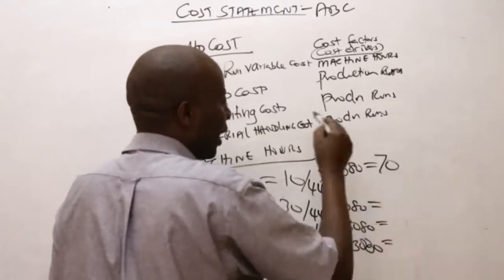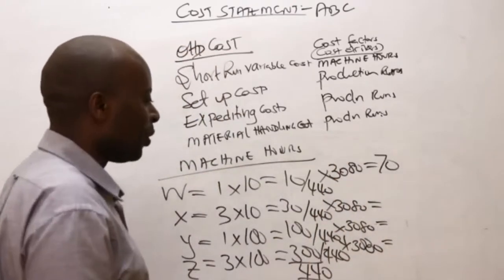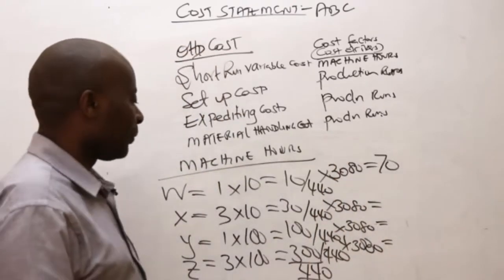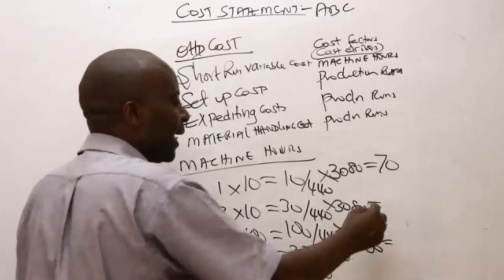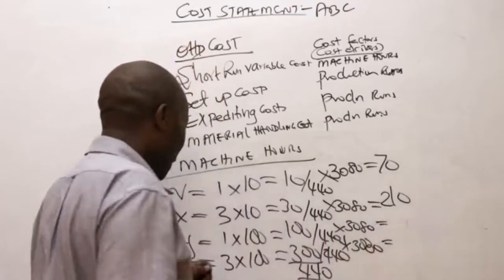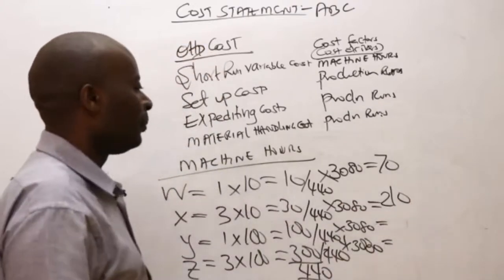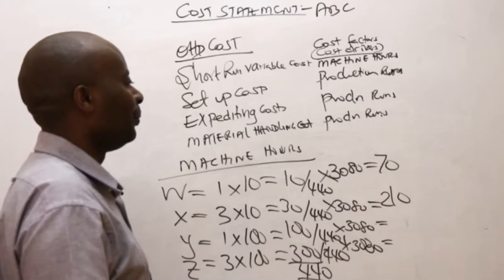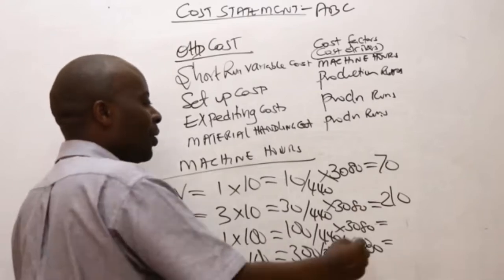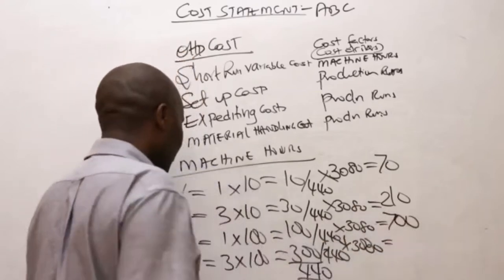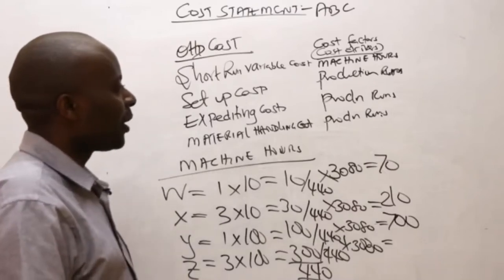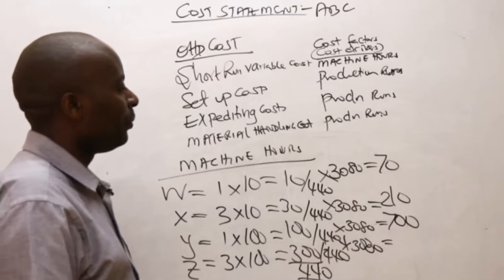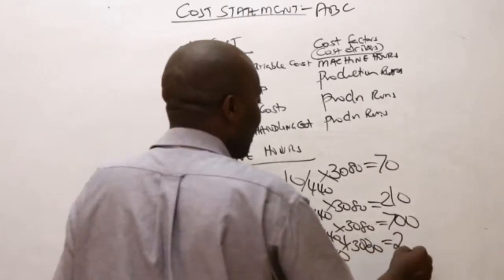How about the second figure? The second figure will be 210. For X. How about the third figure? 700. And then we go to the fourth figure lastly. What figure are we able to see? 2100, thank you very much.